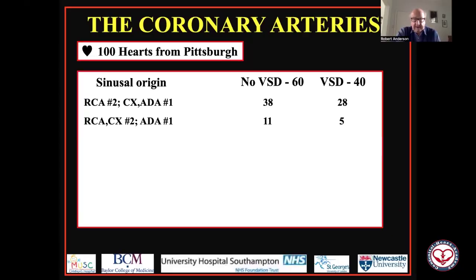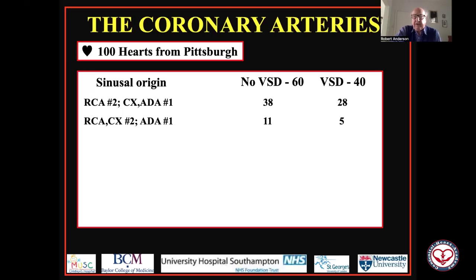So what Diane has shown us is the commonest variant, in which, in most instances, sinus number 2 gives rise to the right coronary artery. Sinus number 1, the right-handed sinus, gives rise to the circumflex and the anterior interventricular arteries. Now, I'm showing you here the analysis we made a long time ago of 100 hearts in Pittsburgh.